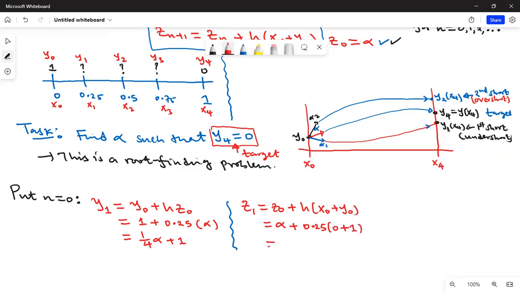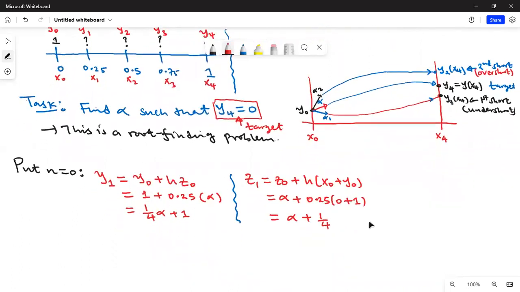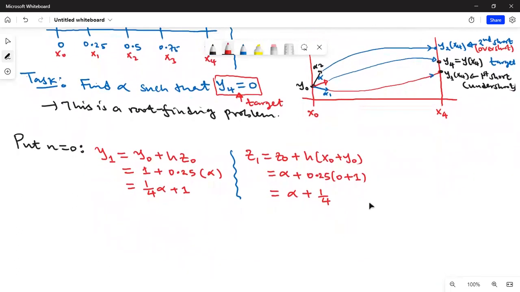So this should give us alpha plus 1 over 4. That's the first iteration. Remember, we are going all the way up to y4 because y4 is the target. Once you get to y4, we stop the iterations.